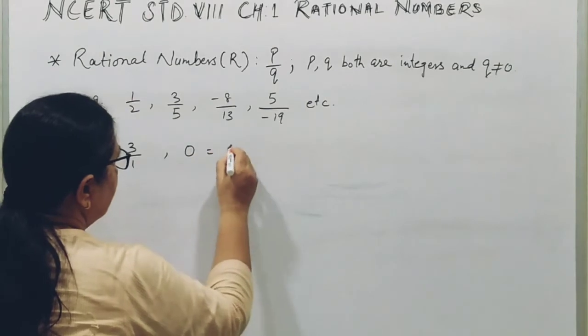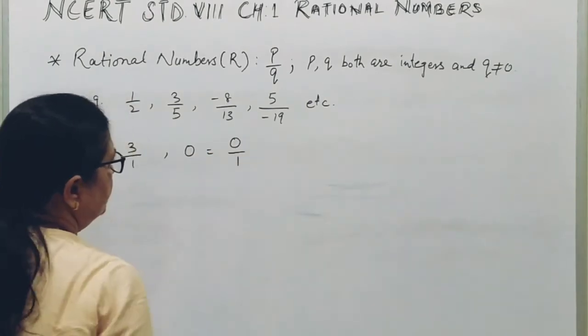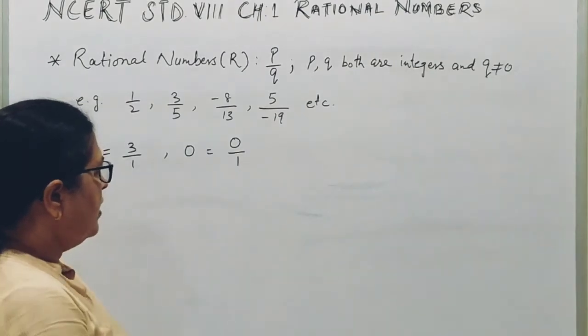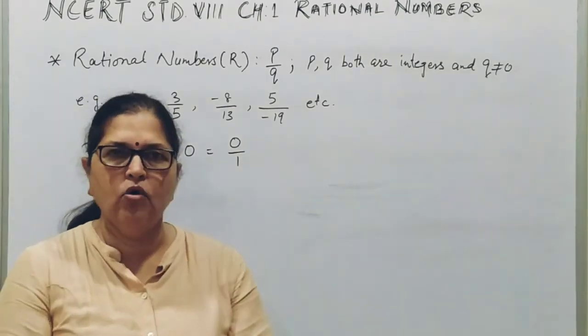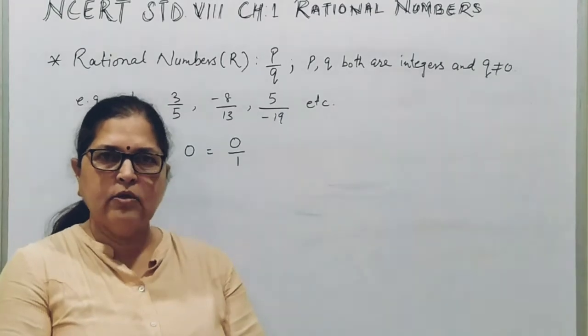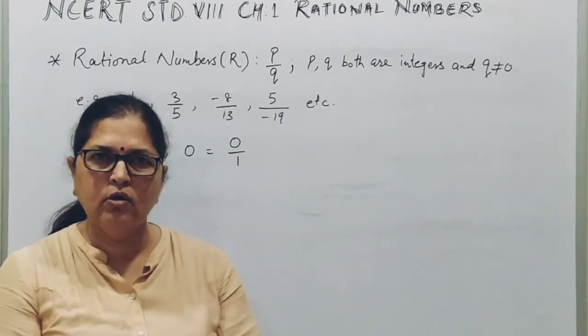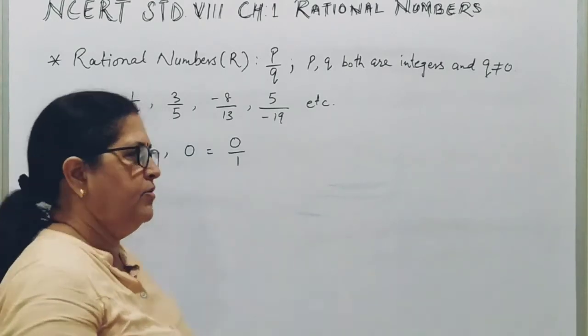Next, 0 can be expressed as 0 upon 1. Here both numerator and denominator are integers and they are in the form of p upon q, hence 0 is also a rational number. It means all the whole numbers are also rational numbers.